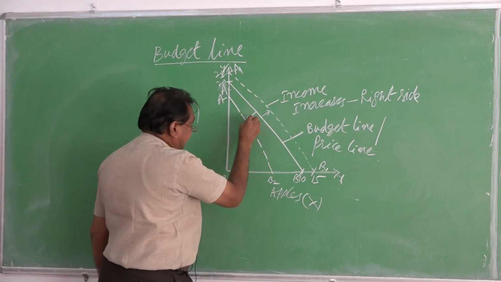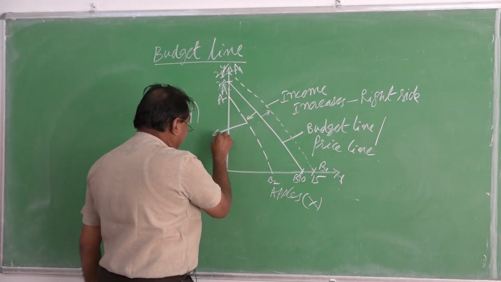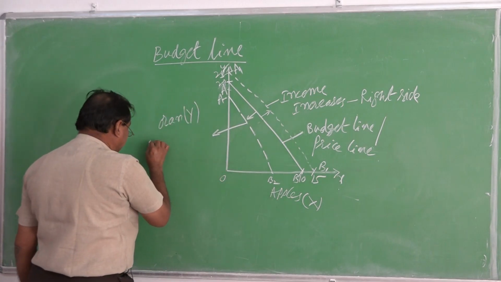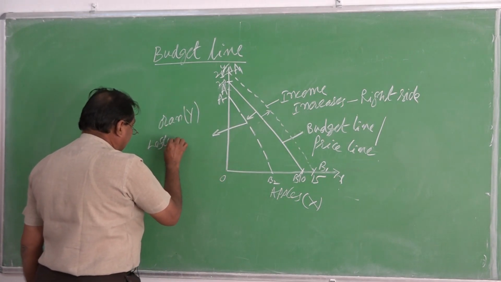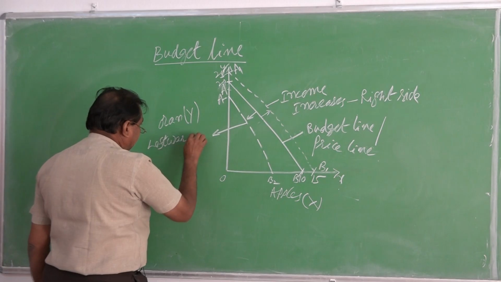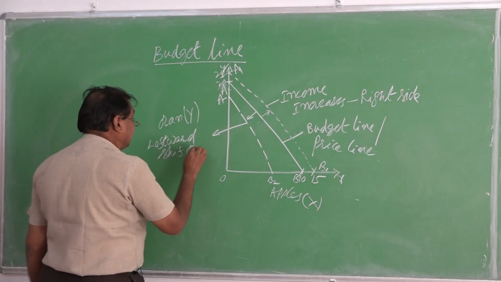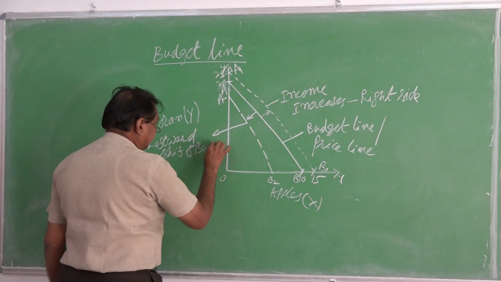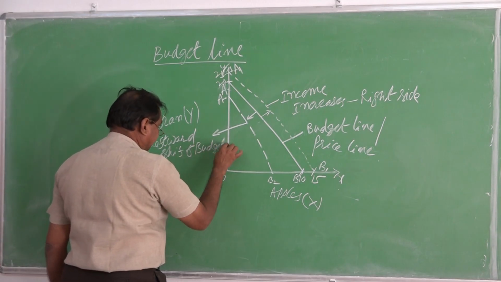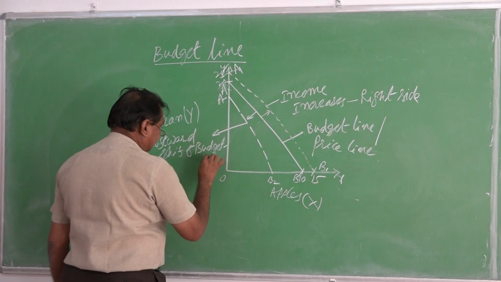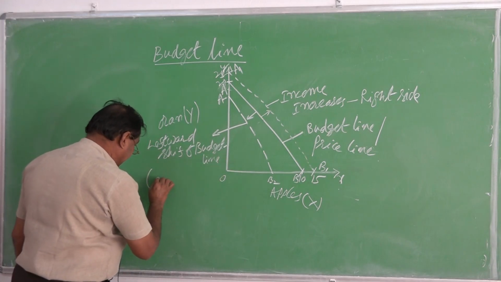This arrow mark indicates the leftward shift of the budget line, in brackets, decrease in income.